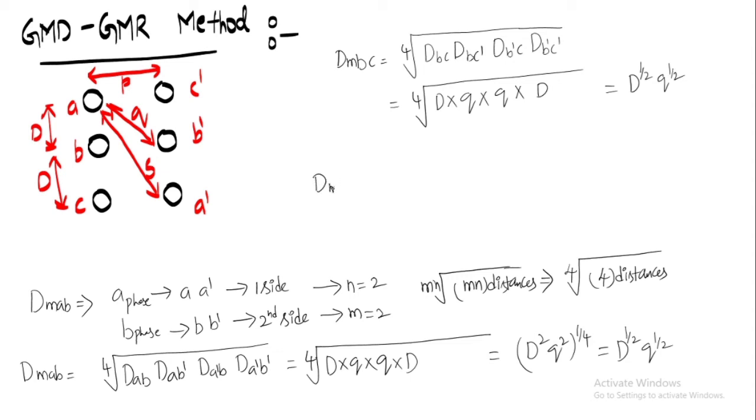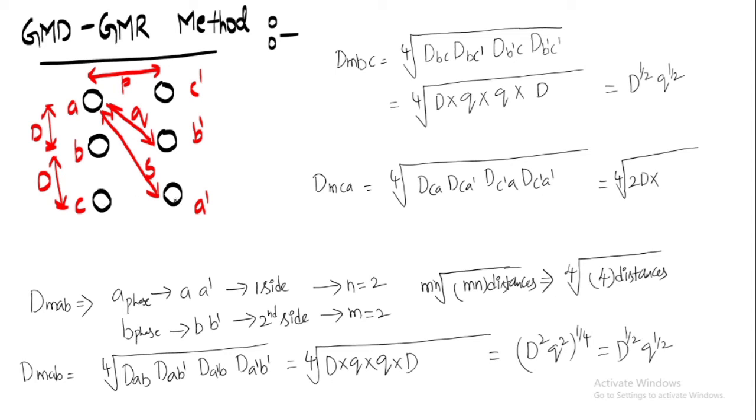Next go for the third. DMCA is also fourth root of 4 distances. What are the 4 distances? D C to A, D C to A dash, D C dash to A, D C dash to A dash, and it is equal to fourth root of C to A. C to A distance is 2 times D. So 2 times D into C to A dash.